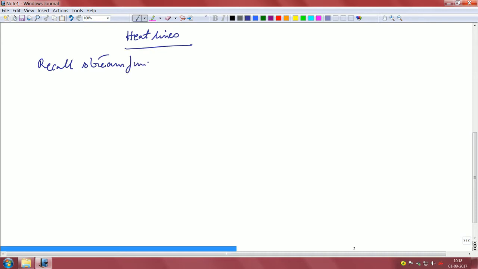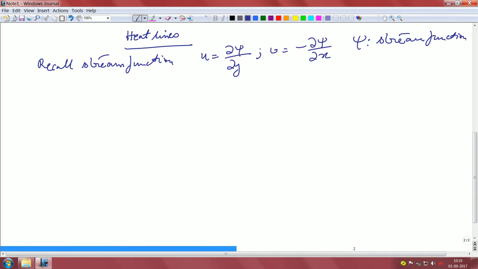Recall the stream function. What is the stream function? It is written something like this, where psi is your stream function. Here u is the x component of the velocity, and v is the y component of the velocity.